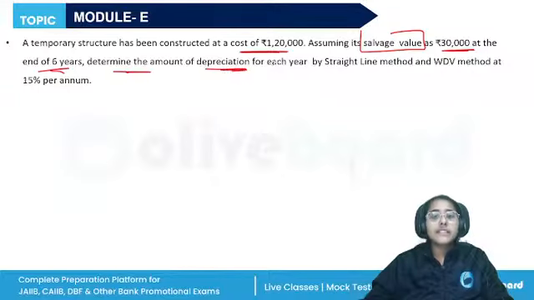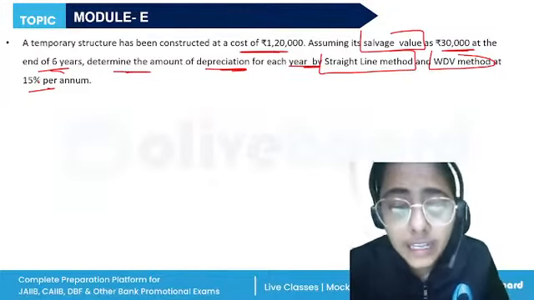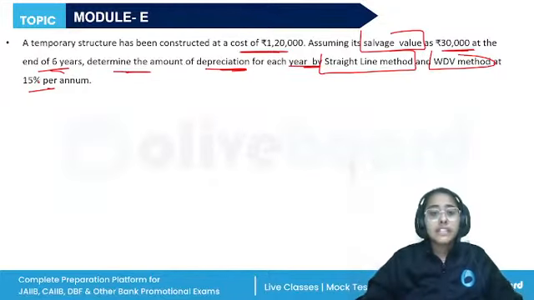Determine the amount of depreciation for each year by the straight line method and the WDV method at 15% per annum. So the question clearly tells us that we need to calculate the depreciation, but we need to use both the methods.